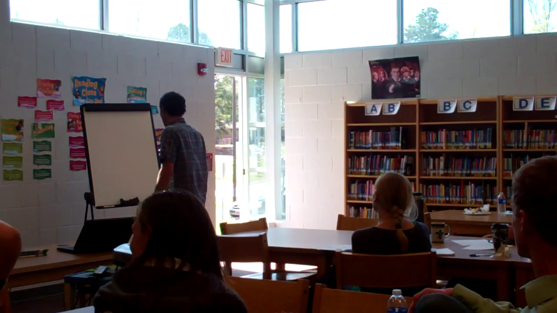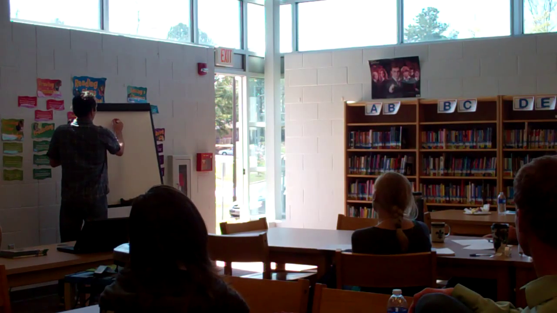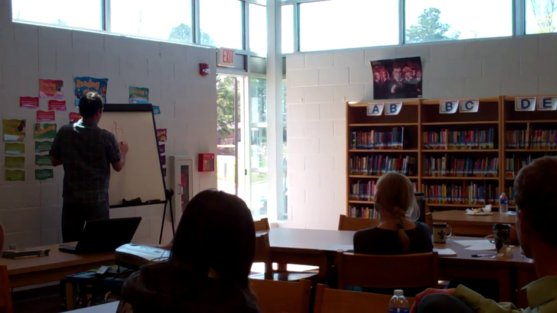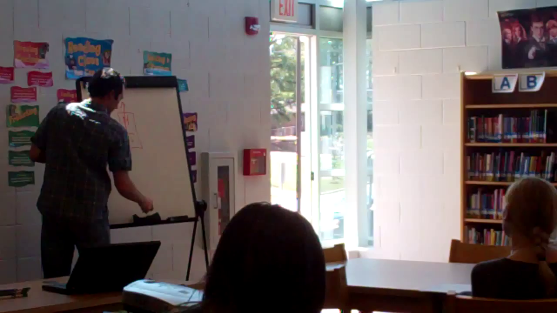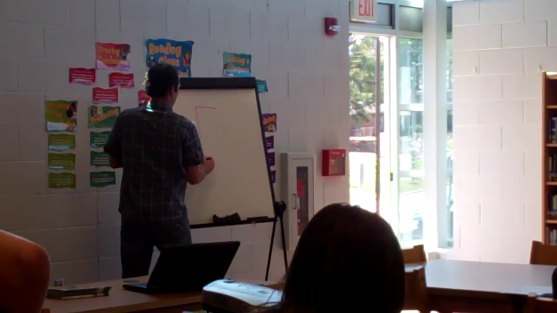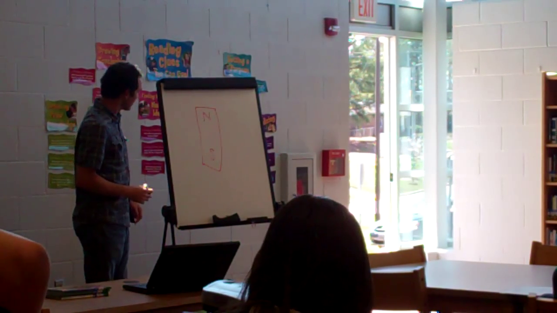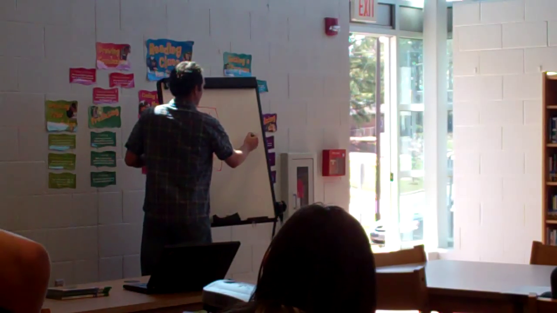The way I think about this is that if I have a north-south bar magnet, all right, I'm going to get better at this drawing. So you have your magnet, right? That is equivalent.